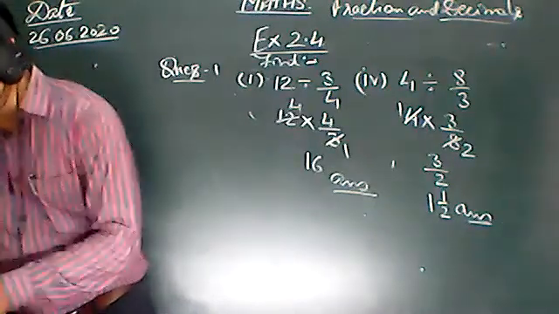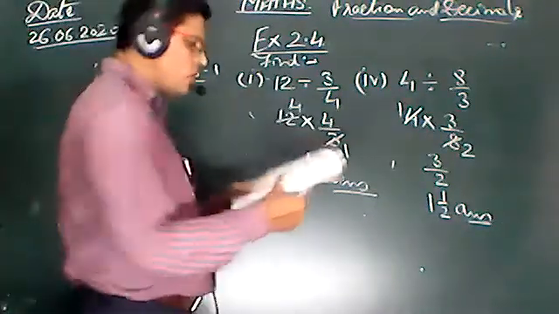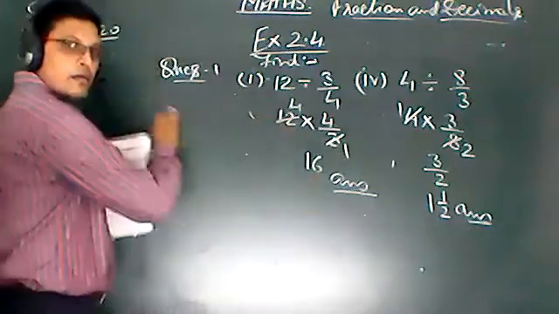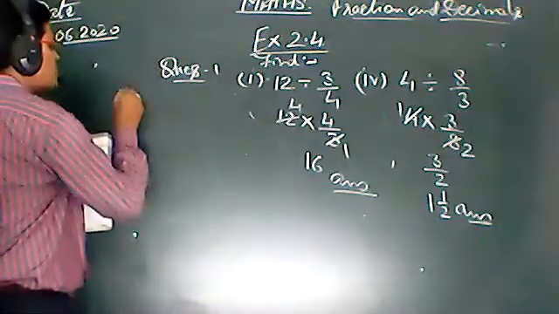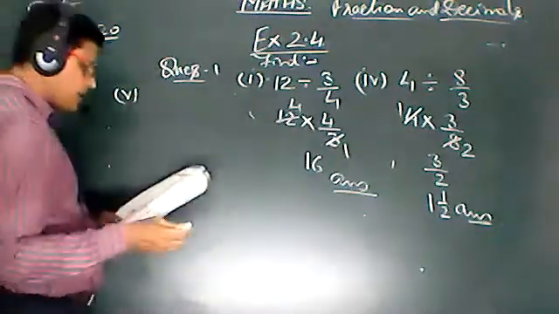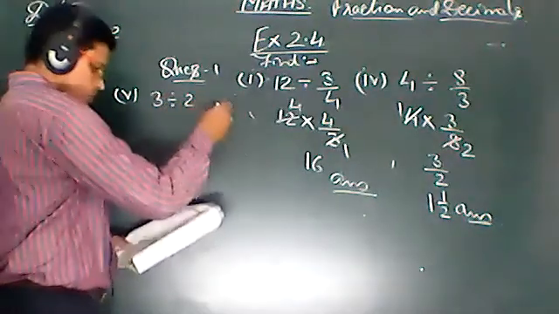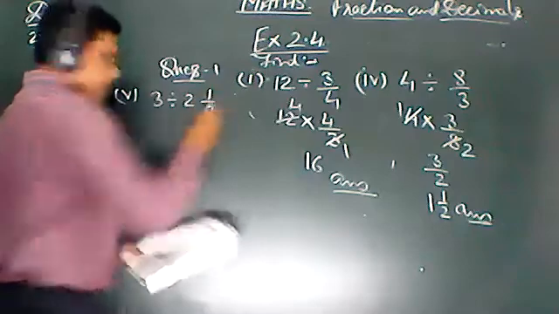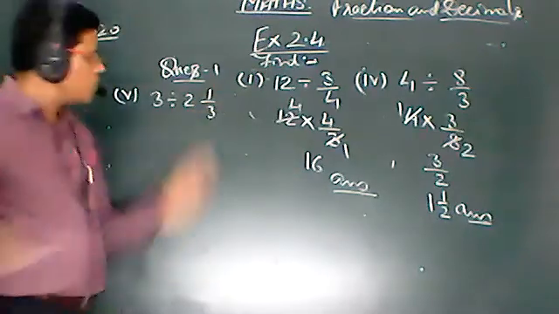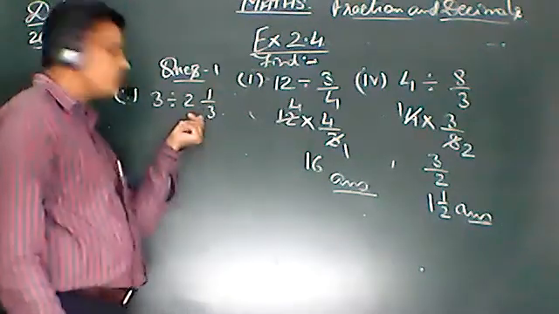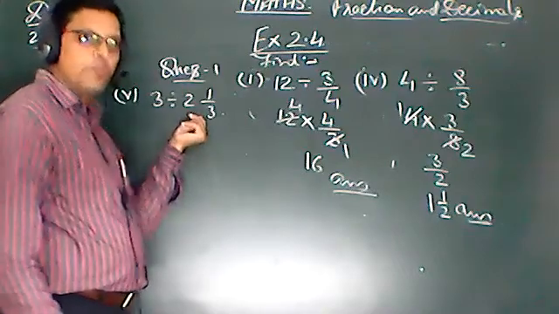Now the fifth part of this question is 3 divided by 2 whole 1 by 3. First you convert the mixed fraction into an improper form.